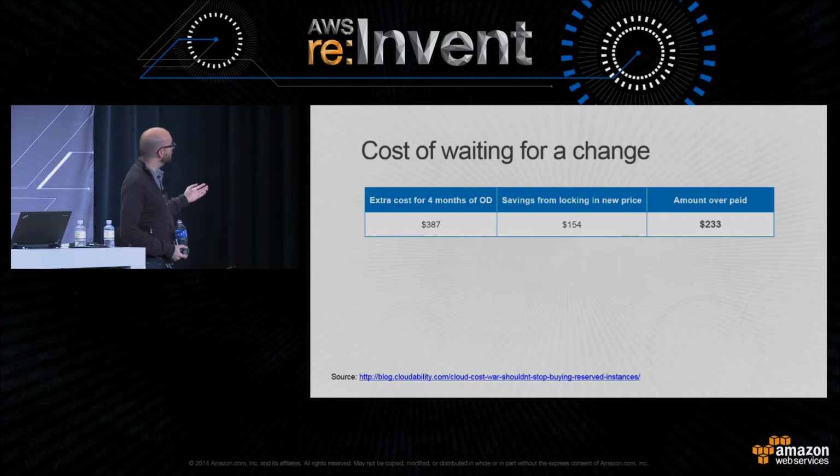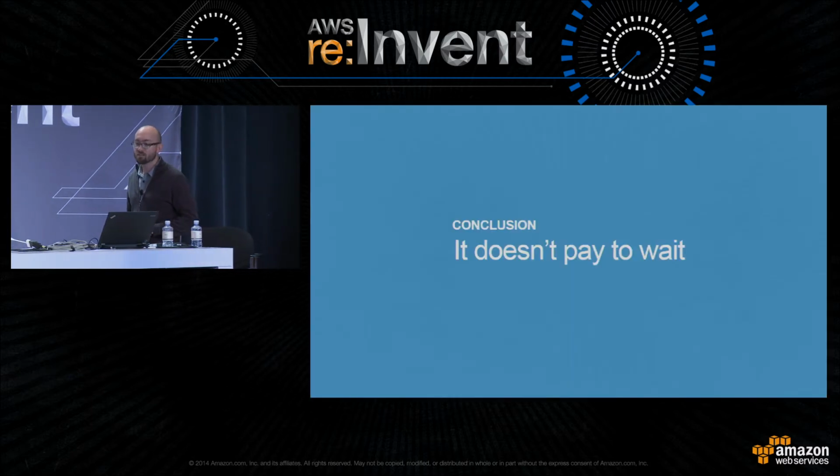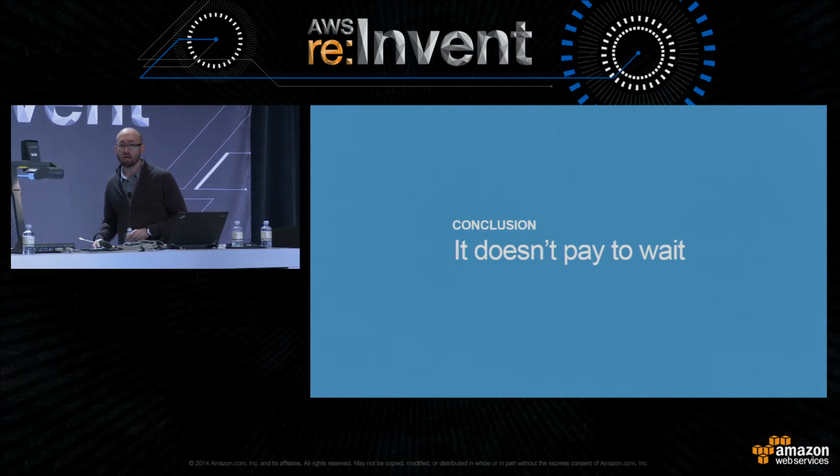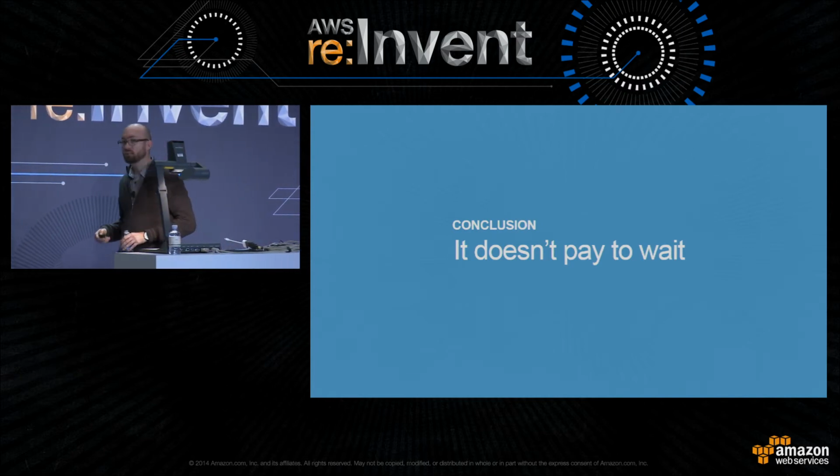The savings from locking in a new price is $154, so you're essentially spending $233 more just for that one instance by waiting versus buying an RI. So the lesson in all of this, it doesn't pay to wait. You want to buy as quickly as you possibly can. So buy early and buy often.